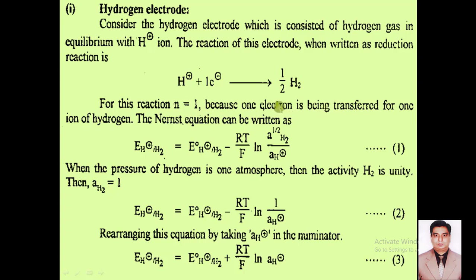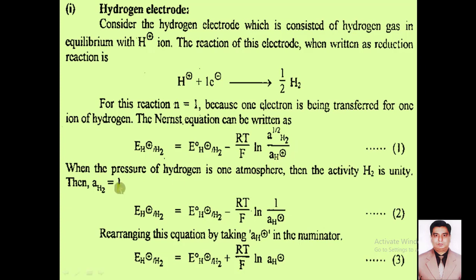So for this type of reaction, the Nernst equation can be written as: E of H plus over H2 is equal to E naught of H plus over H2. This is the electrode potential of hydrogen electrode and this is the standard electrode potential for hydrogen, minus RT over F into log natural activity of hydrogen divided by activity of hydrogen.